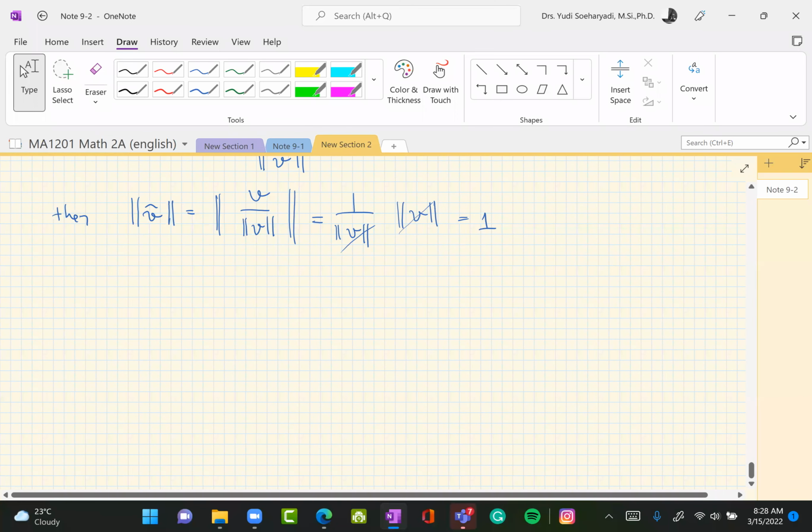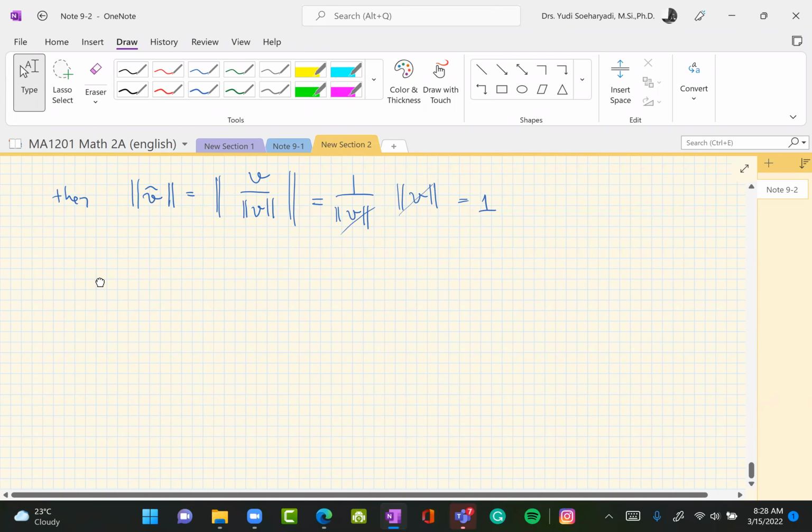Another operation is what we call a dot product, or a scalar product.